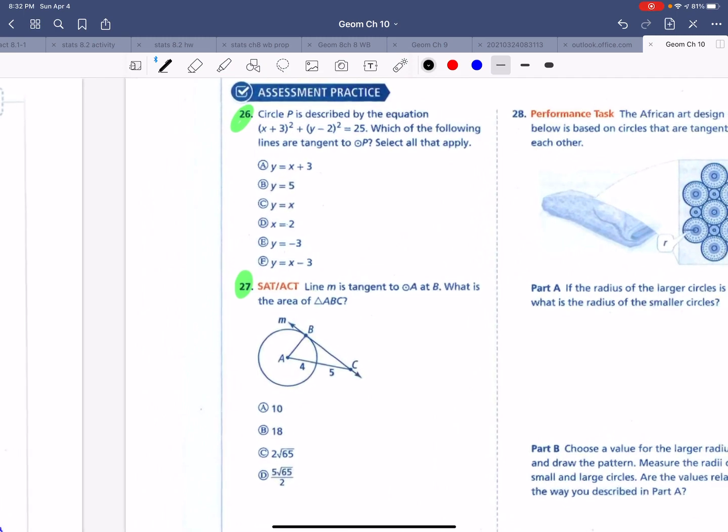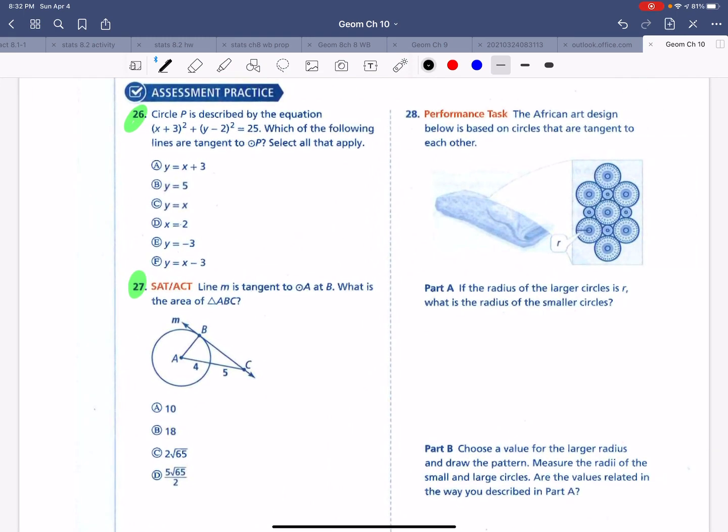It says, circle P is described by the equation x squared plus y squared. Okay, so we know from the last chapter, our center would be at -3, and +2.